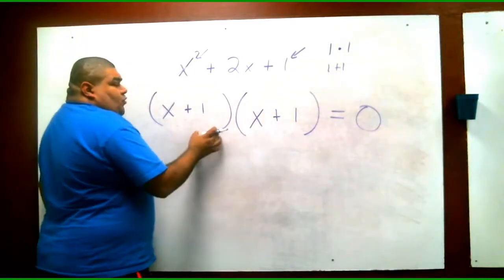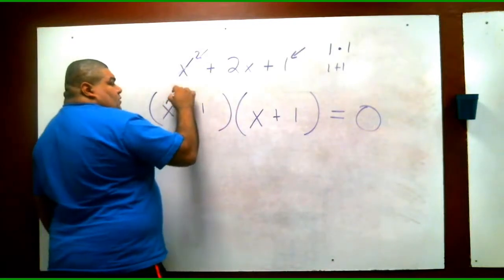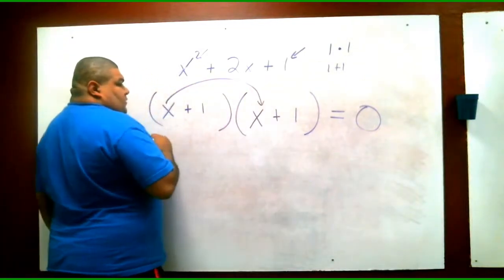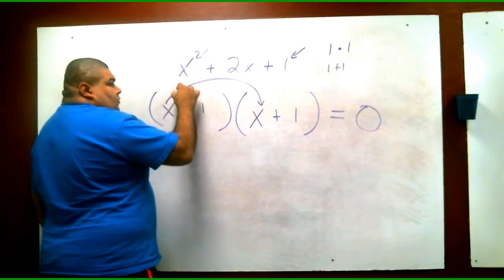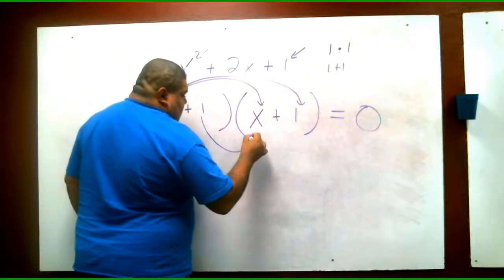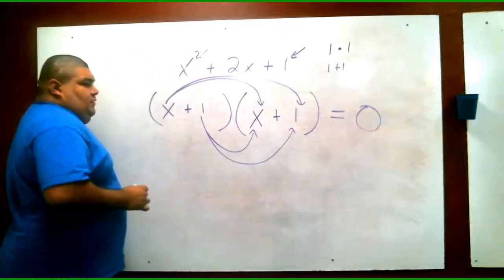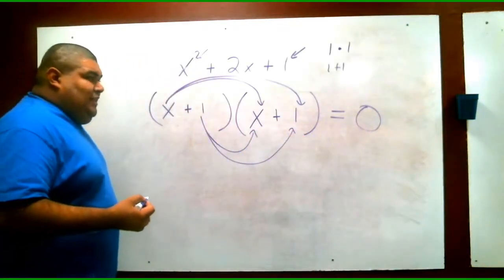This is called FOIL. If you remember, it's first, outer, inner, and then last. We saw a lot of foiling last year.